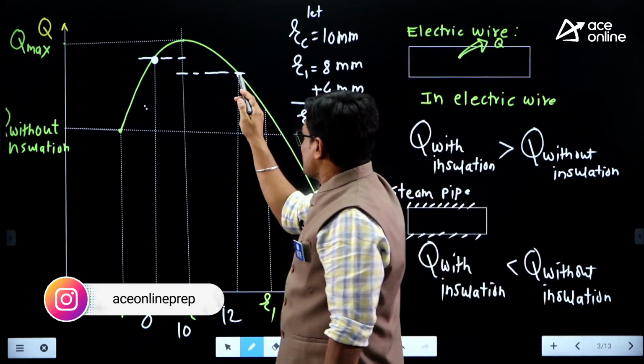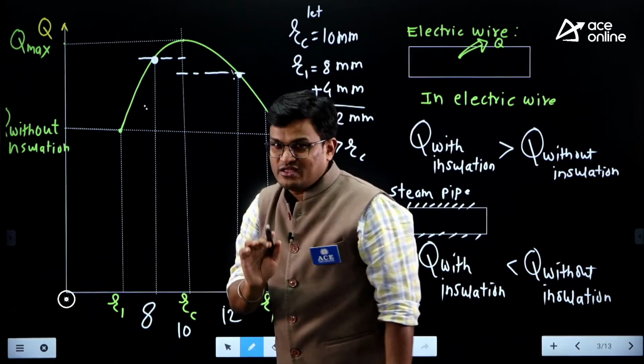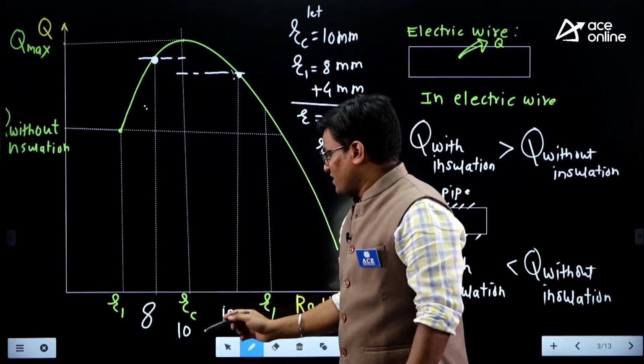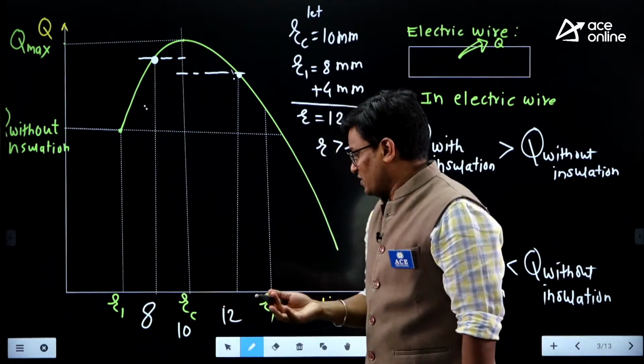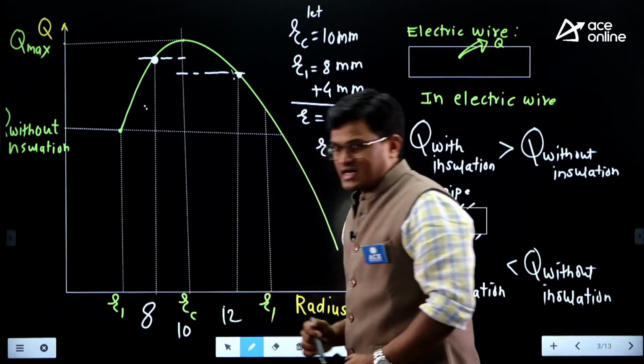If this point is less than this one, the heat transfer is decreasing, so this will not work out. There is no particular rule that it should always be less than RC. It may be greater than RC.